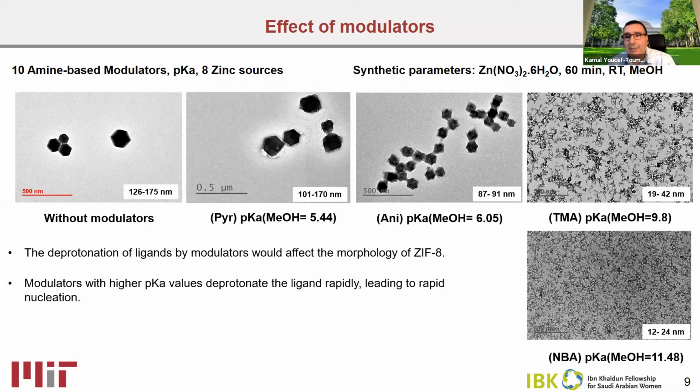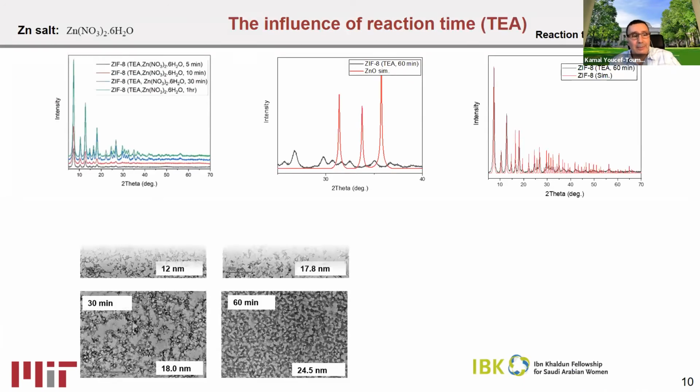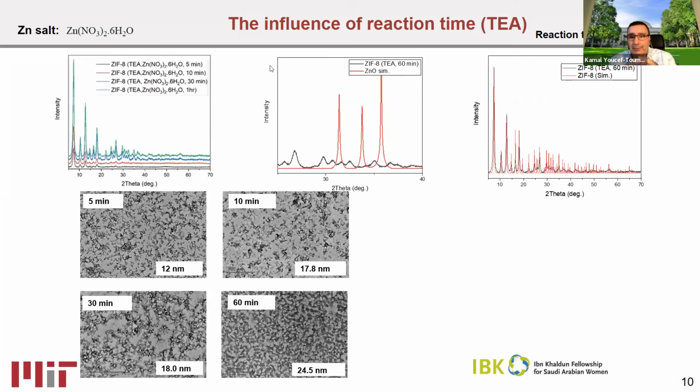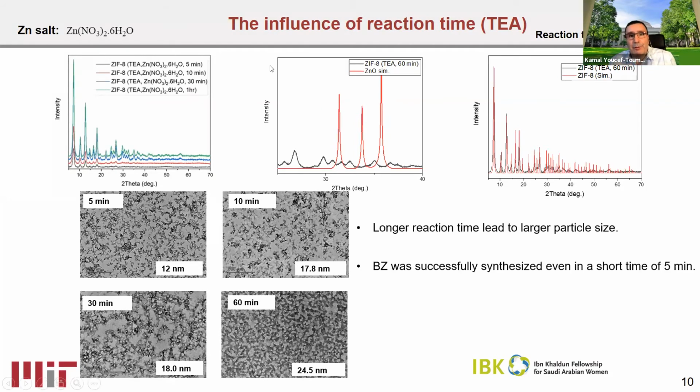The other question had to do with the reaction time, and if I understood correctly, I think you mentioned that if the reaction time is longer, and in your experiments you had from 5 to 10 to 30 to 60 minutes, that the size also became smaller.